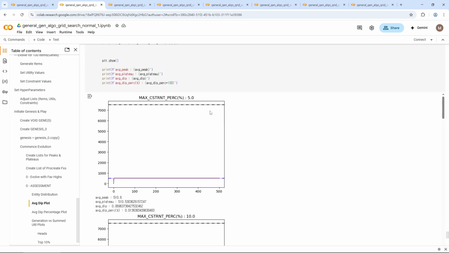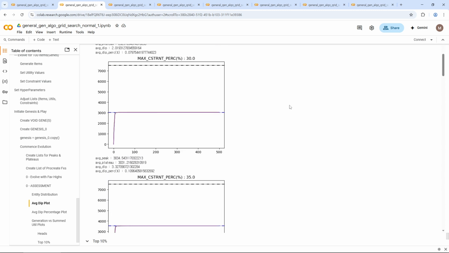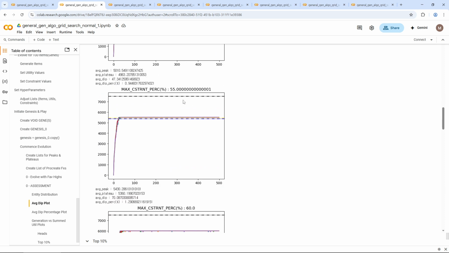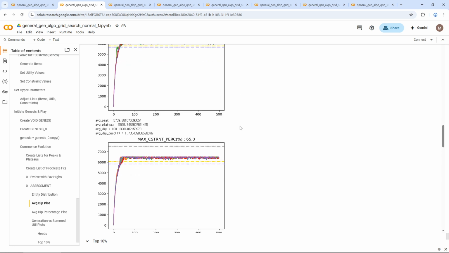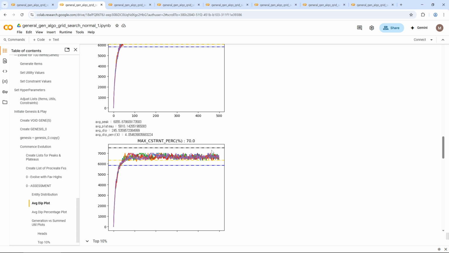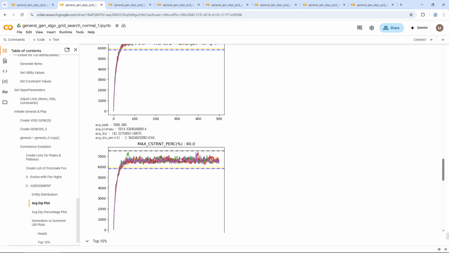Here are the heads, and we see the black line for the maximum ever. Same thing, very boring stuff until maybe at 65% or 55%. Yep, now we're getting some values, and then a lot more oscillations there at 70%, even more oscillations at 75%, even more at 80%.